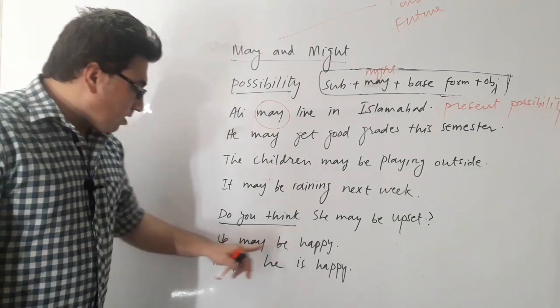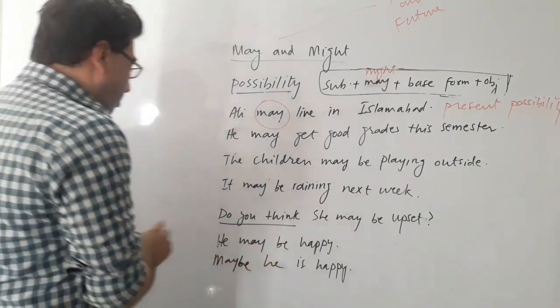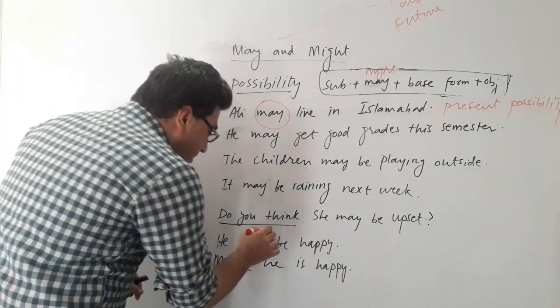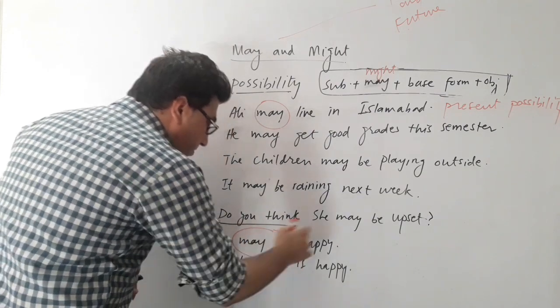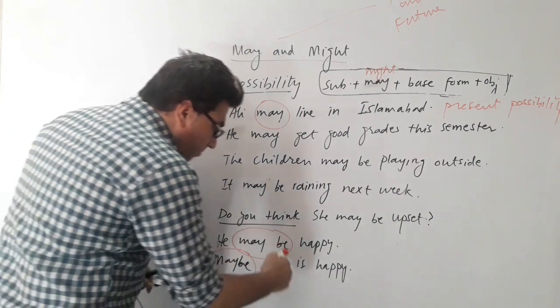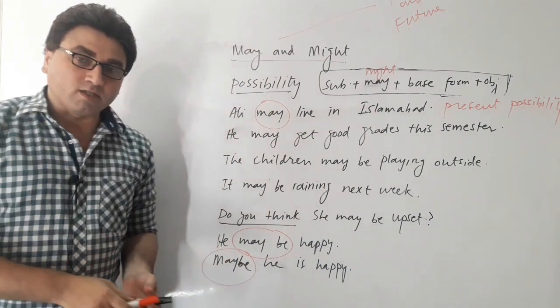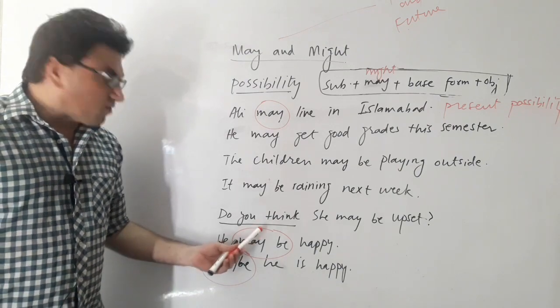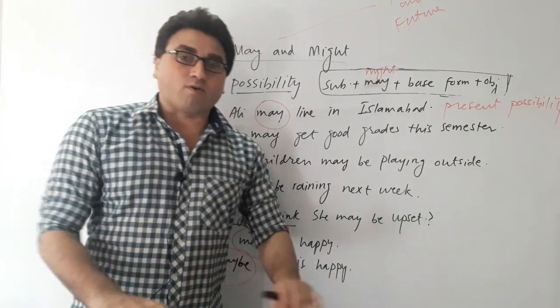Now look at the last two sentences. He may be happy and maybe he is happy. You can see that these are two words, may space be: he may be happy. And there is no space and it is one word: maybe he is happy. Then what is the difference between these two sentences? As far as the meaning is concerned, both will give you a similar meaning, no problem.